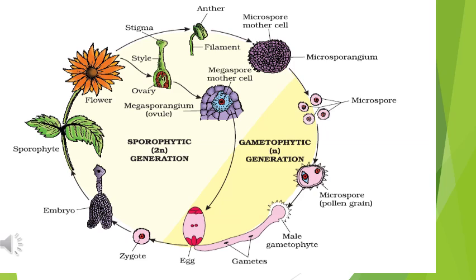ओके, इसमें सिर्फ हमने इतना समझना है बेटा कि यहाँ से एंथर जो है, एंथर से आपके माइक्रोस्पोर्स की फॉर्मेशन होती है. माइक्रोस्पोर्स आपके पॉलन ग्रेन्स हैं जो कि आपके गैमेटोफाइट्स हैं यहाँ पे.